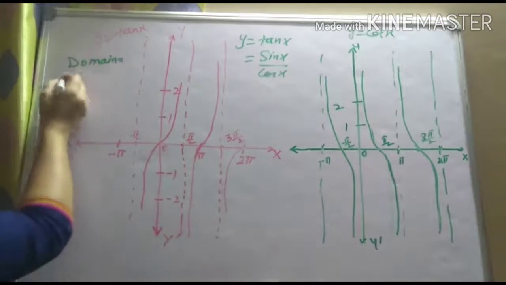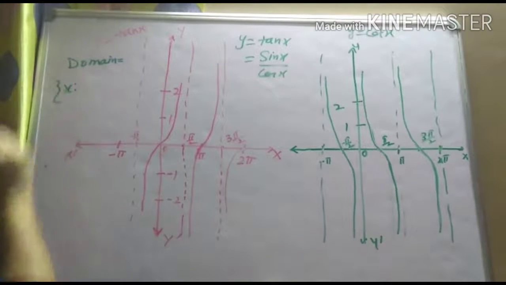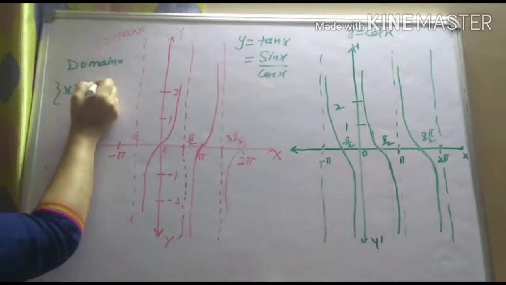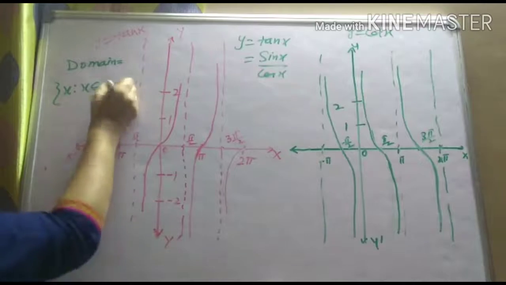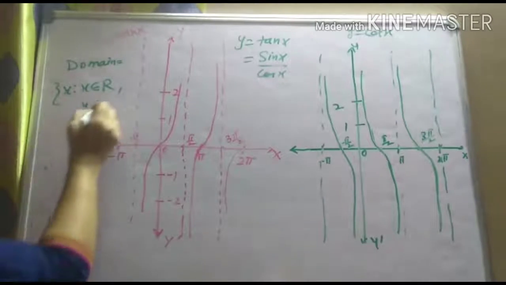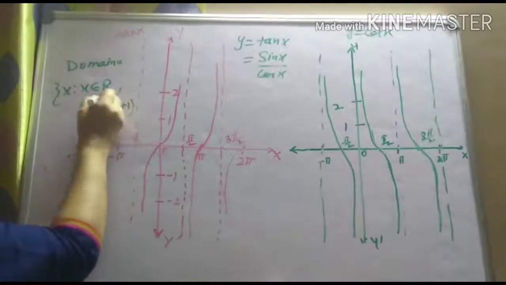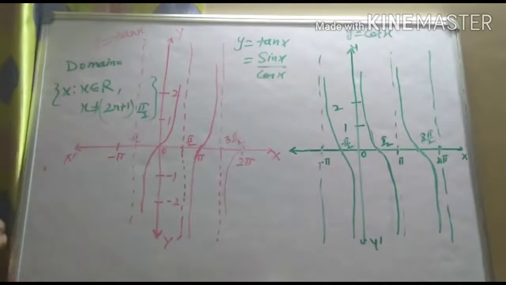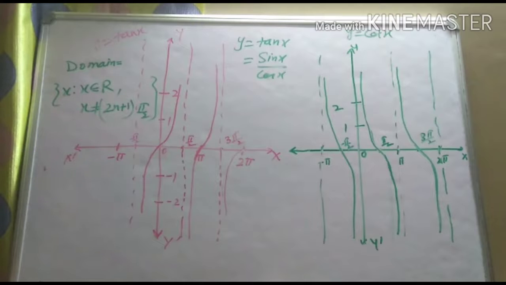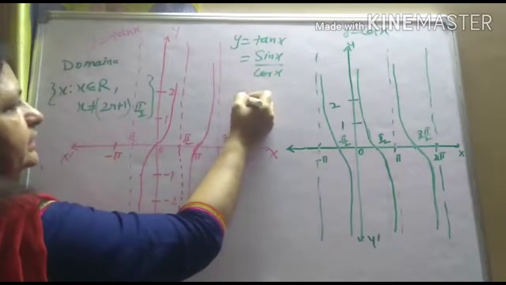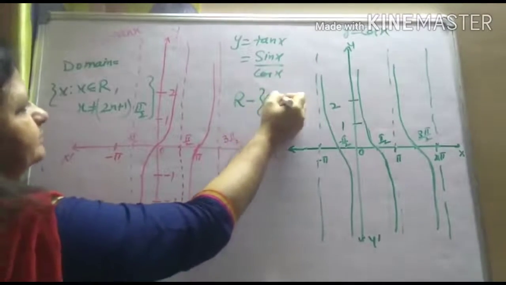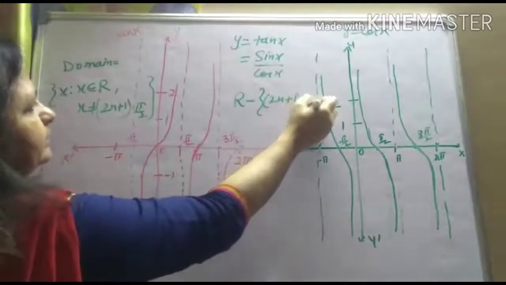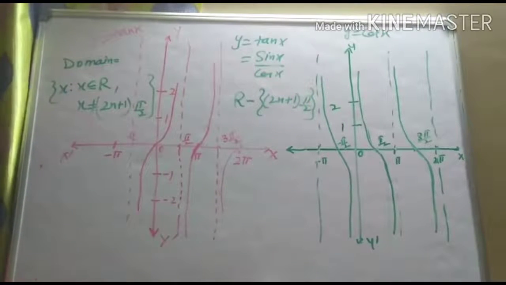So we can write the domain as x belongs to R, but x is not equal to 2n plus 1 into pi by 2, where n belongs to integer. Or we can say the domain is R minus 2n plus 1 into pi by 2, where n belongs to integer.